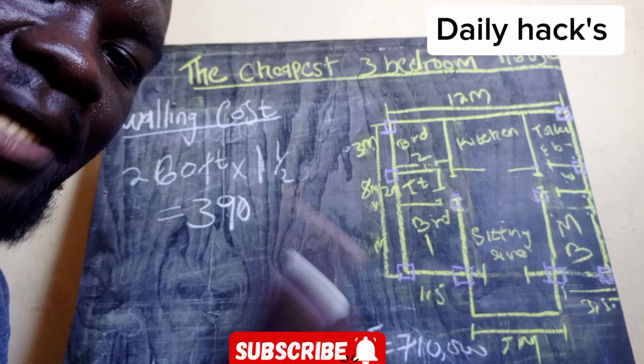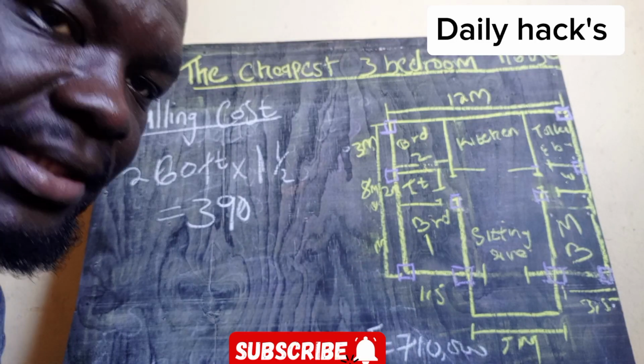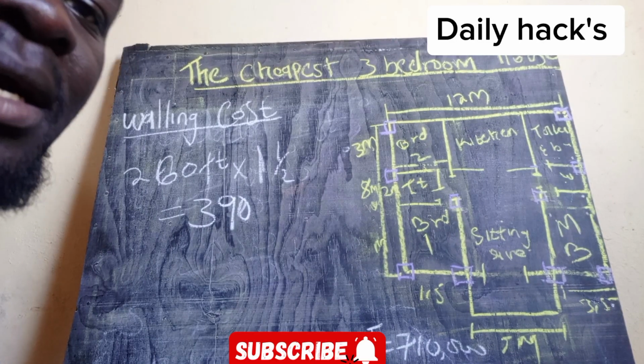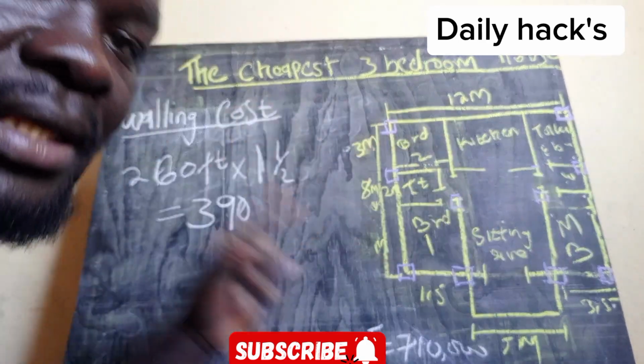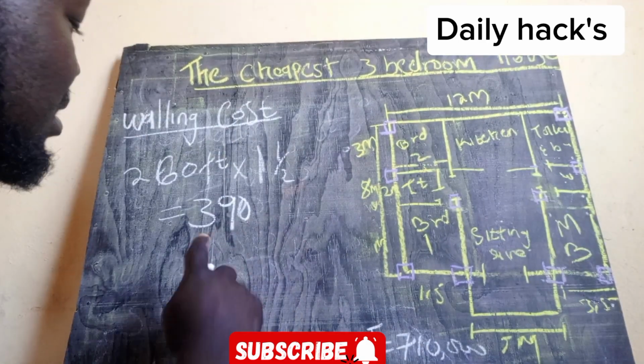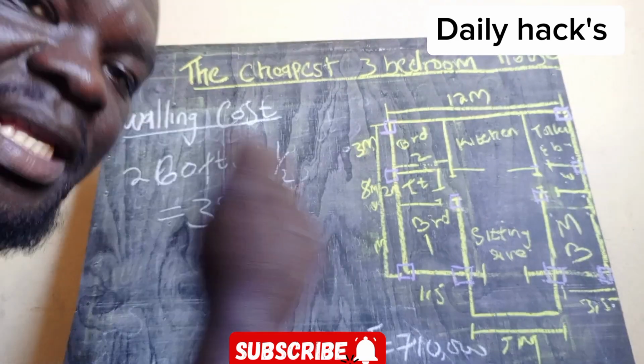When you get 390 pieces, that equals one course all around this house. You have used 390 pieces.